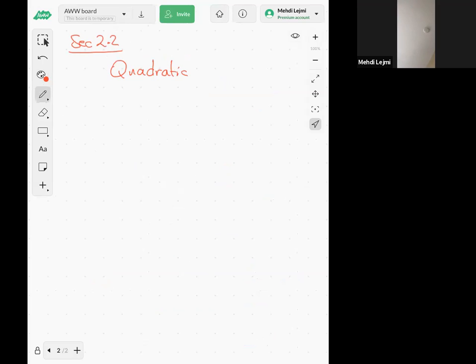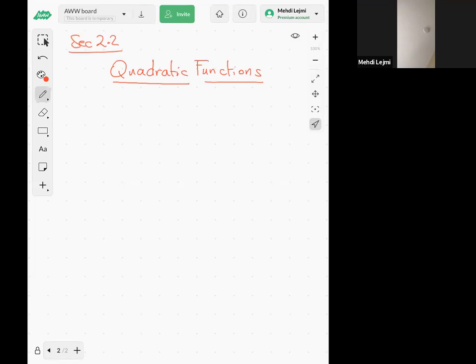Basically, what we're going to do in this section is graph quadratic functions in general. I'm going to give you all the steps to graph any quadratic function.